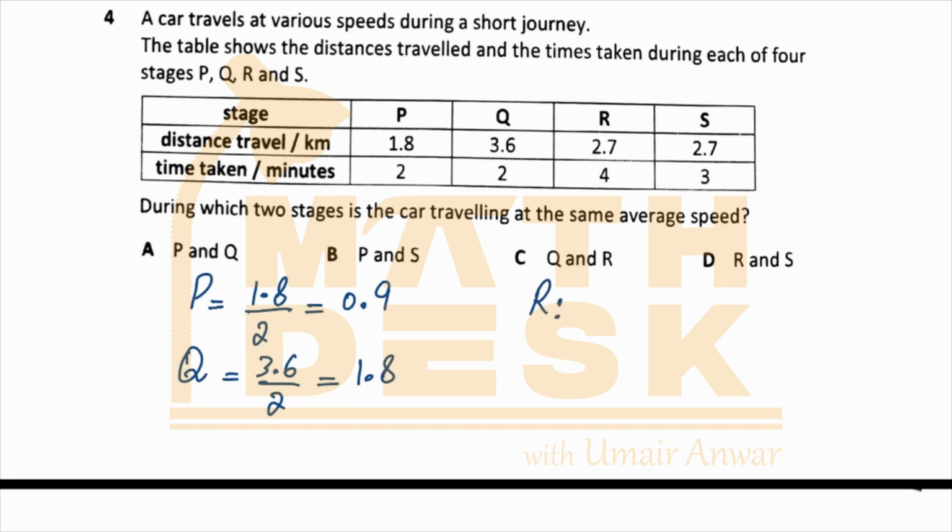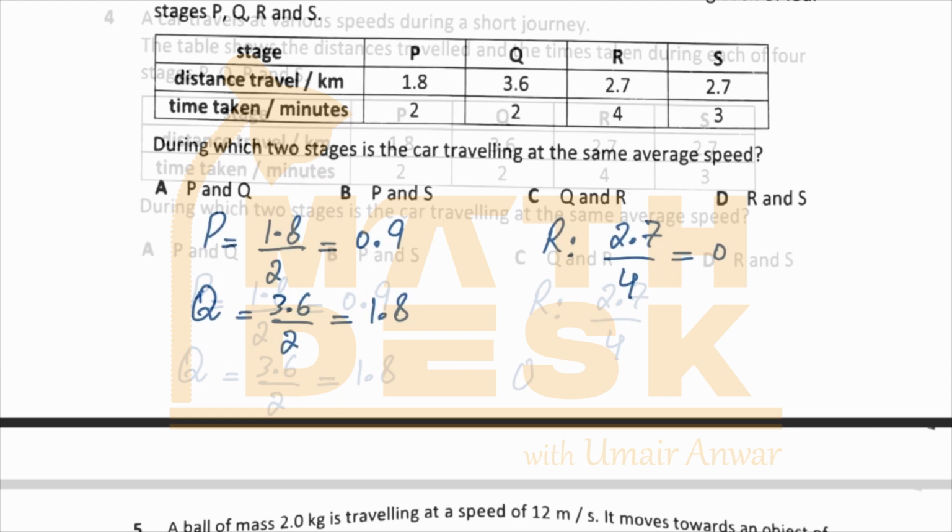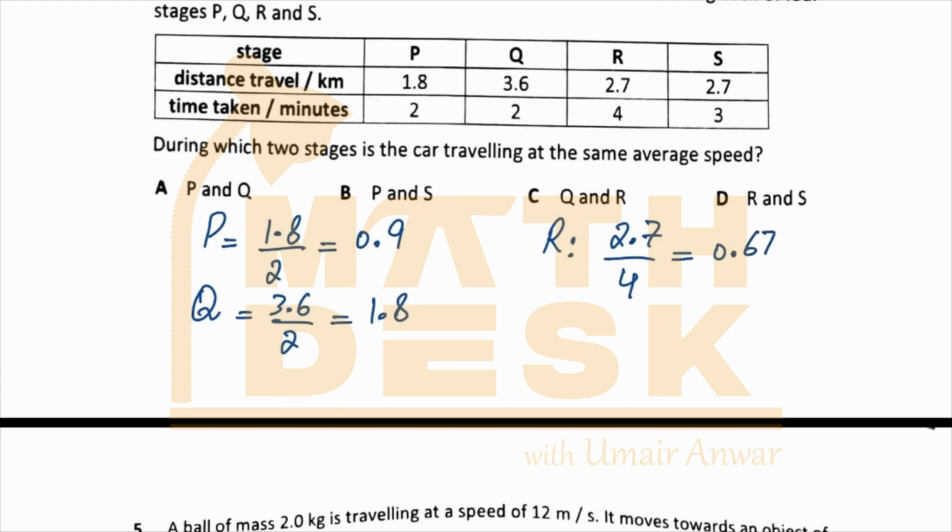For R, we have 2.7 divided by 4, which is equal to 0.675, and finally for S we have 2.7 divided by 3, which is again equal to 0.9 kilometers per minute. So it means that P and S have the same average speed, and during these two stages the car is traveling with the same average speed.